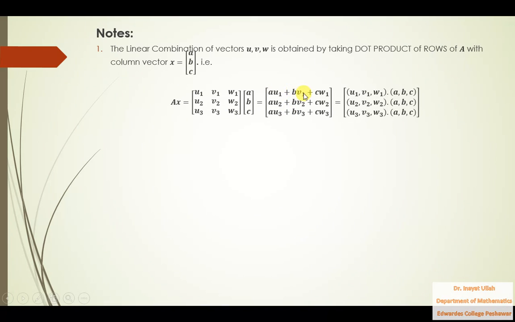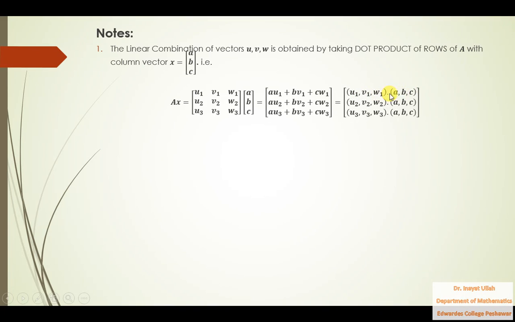And this whole sum is actually the dot product of (u1, v1, w1) dot (a, b, c), and this thing is the dot product of (u2, v2, w2) and (a, b, c), and the third sum is actually the dot product of (u3, v3, w3) dot (a, b, c). How could we take the dot product of these two vectors?